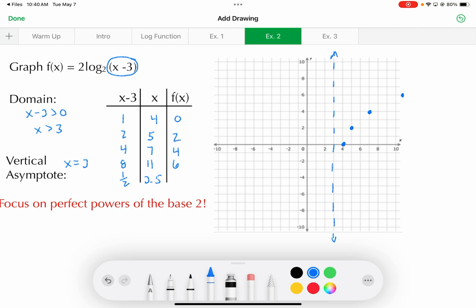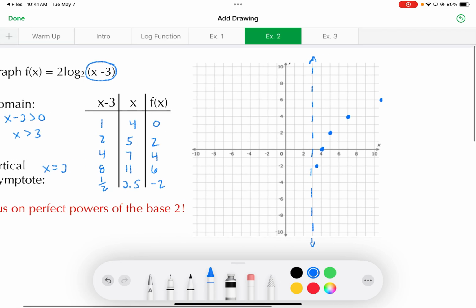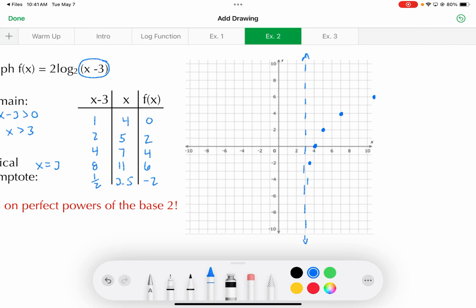What's log base 2 of 1/2? 2 to the negative first is 1/2, right? Take that negative 1, multiply it by the 2 out in front, you get negative 2. Plots right there. So see how we're getting closer to the asymptote on that end. Here's the curve.